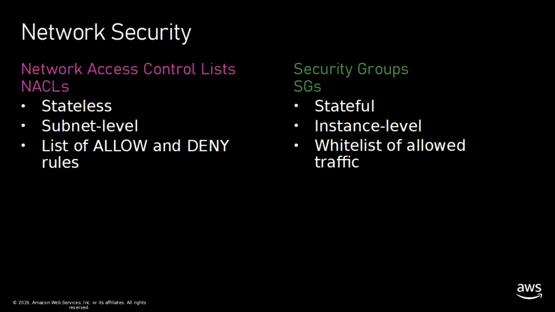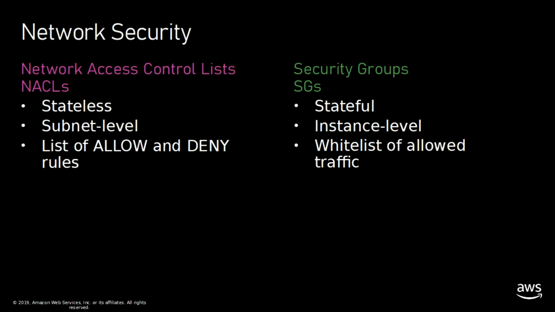Okay. NACLs operate on a subnet level, while security groups operate on an instance level. A security group uses a whitelist approach to allow traffic by port, and NACLs use allow and deny rules.